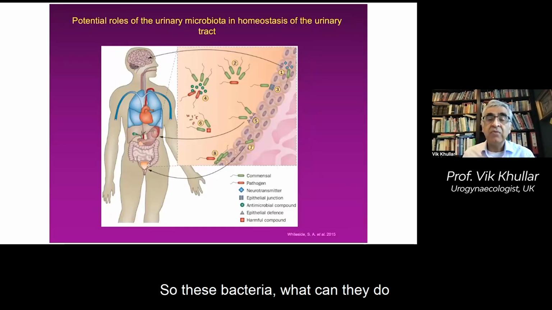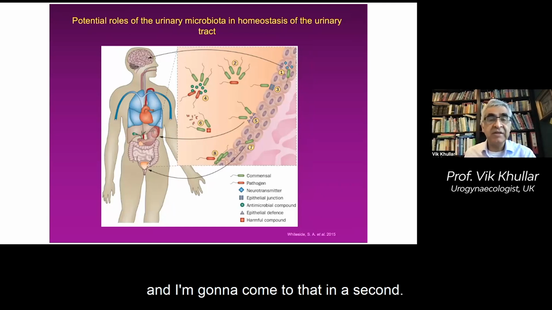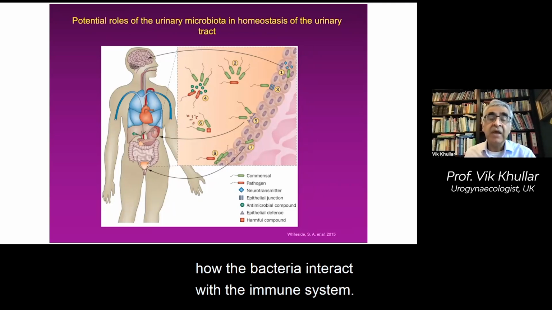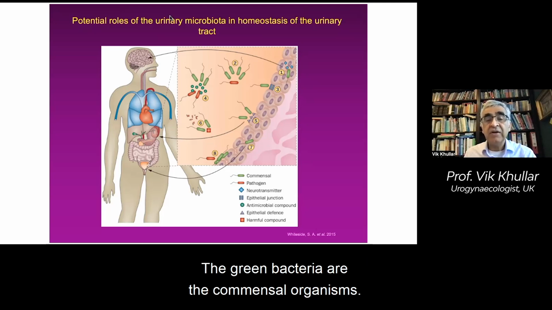So these bacteria, what can they do? Well, there are good bacteria and there are bad bacteria, and I'm going to come to that in a second. It's quite important in relation to understanding how the bacteria interact with the immune system. The green bacteria are the commensal organisms.